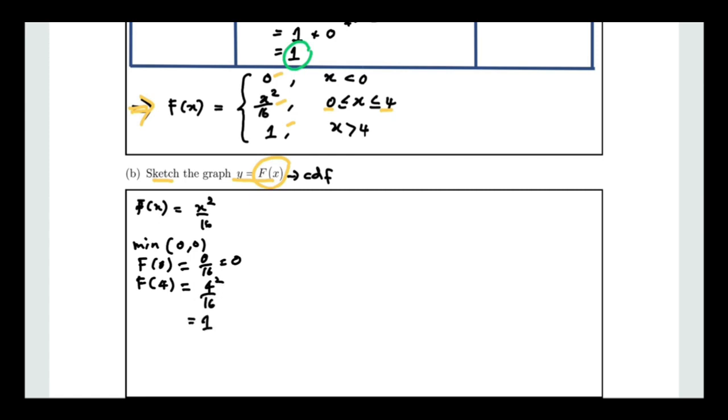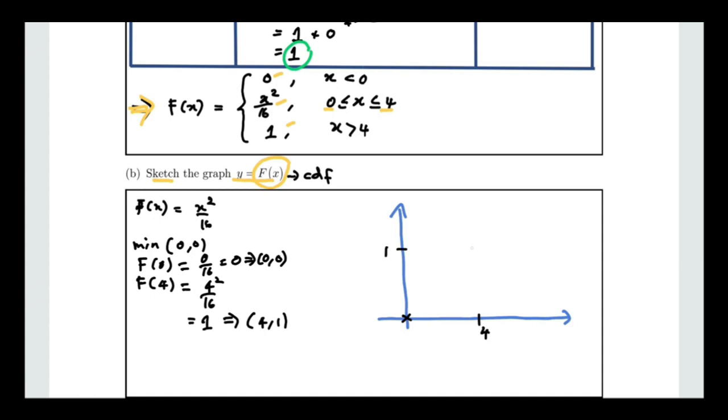So we're going to sketch the graph. We start with this point, which is 0, 0, and end up with 4, 1. Let's say this is the 4 and this is the 1.